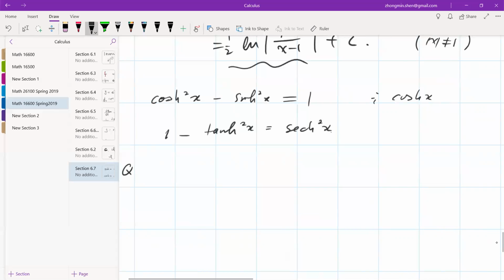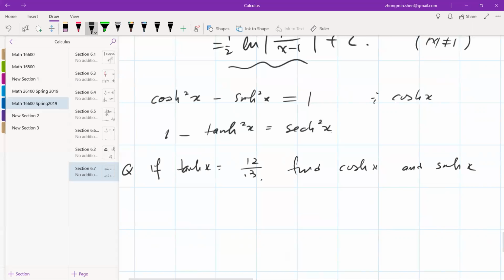All right. So in order to understand those functions, let's do some exercise. If hyperbolic tangent x is 12 over 13, find the hyperbolic cosine x and hyperbolic sine x.